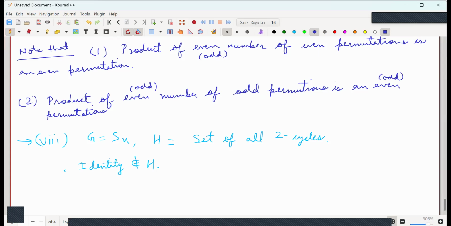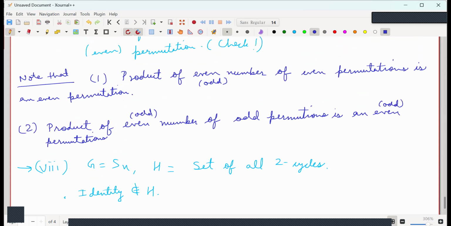Is it clear now? So when you take a product of even permutations, it is always going to be an even permutation, no matter whether it's an even or odd number in the product. But when you take a product of odd permutations, you need to see whether it's an even product or an odd product. The resultant will depend on that.